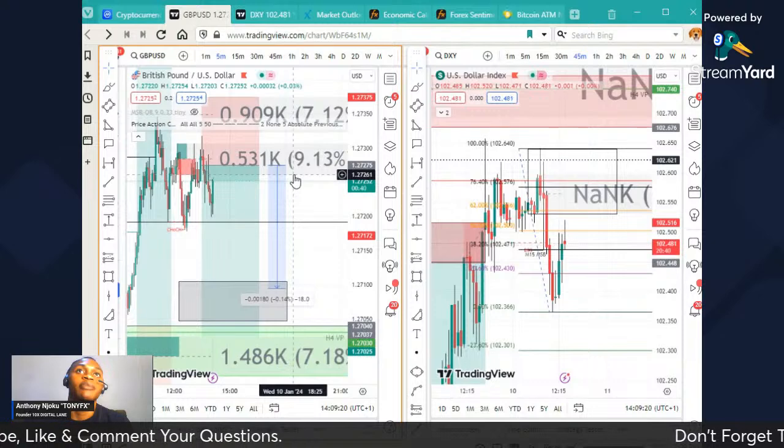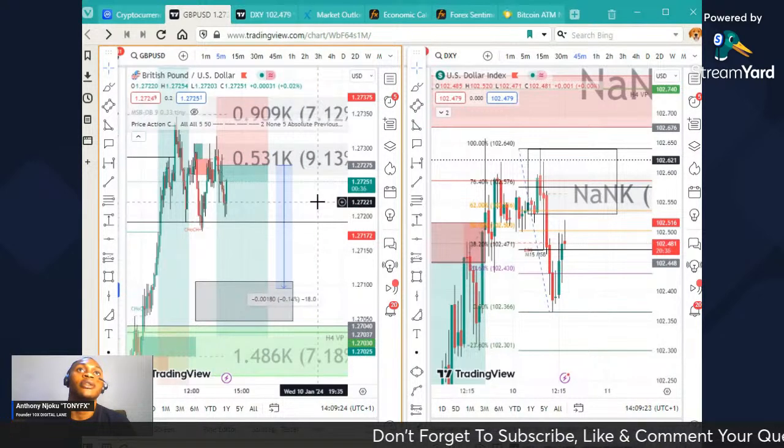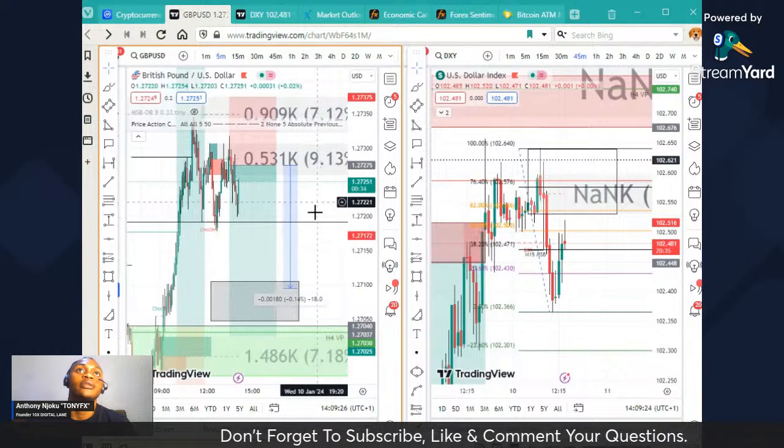The market tapped back into this other block, or did it or doesn't it? The 5 minute order block.